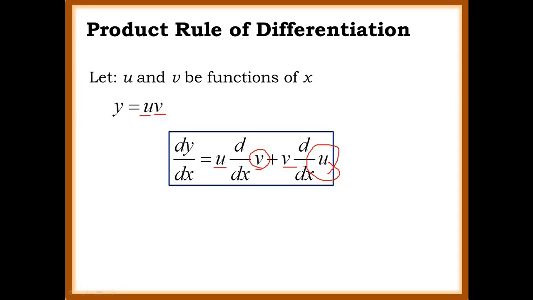To get the derivative, again, products ng u and v, to get their derivative, copy the first function multiplied to the derivative of the second function, and then plus, we copy the second function, kokopyahin lang natin, and then imumultiply natin sa derivative nung una. Parang salitan lang ginagawa. Okay?